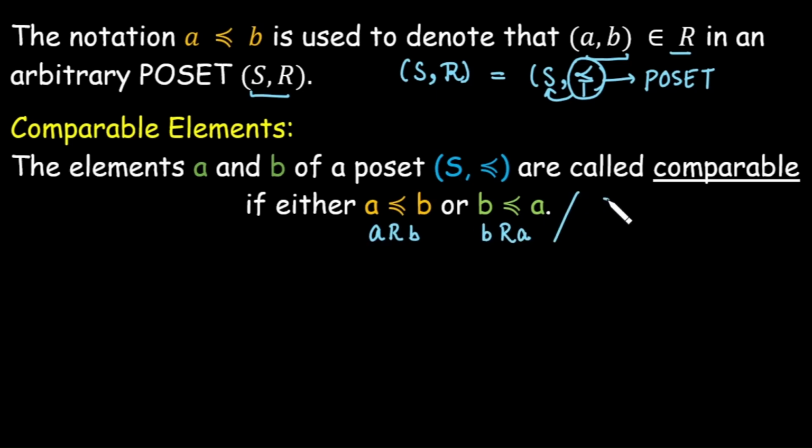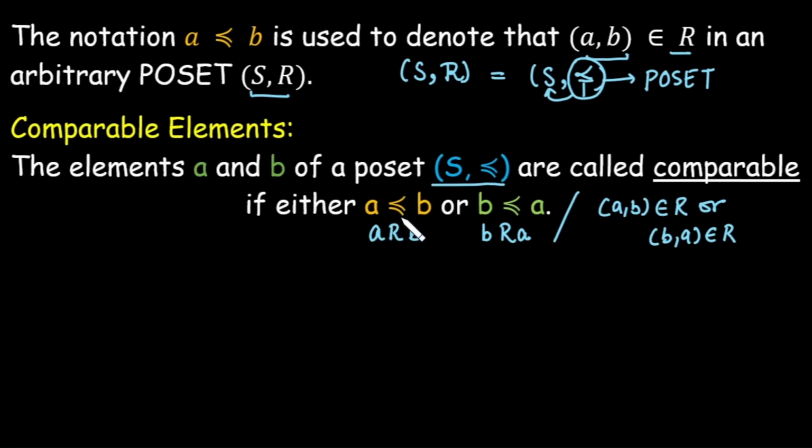Meaning either the ordered pair (a, b) is part of the relation or (b, a) is part of the relation. Both cannot happen. Why? Because it is a POSET and in a POSET the relation is antisymmetric. The reverse ordered pair is not possible in the case of antisymmetric. So do not get confused with this one. This is not less than or equal to.